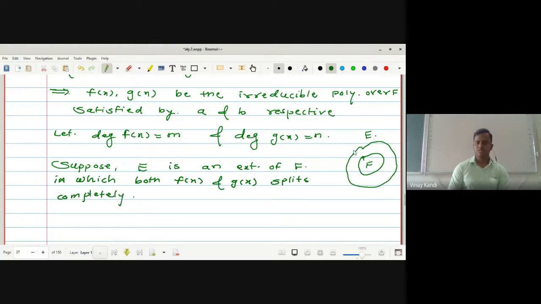That means E is the splitting field of f(x) and g(x). The m roots of f(x) and n roots of g(x) are in the extension E of the field F.